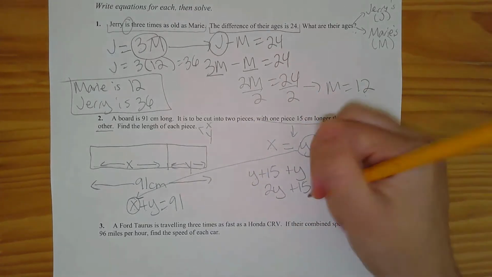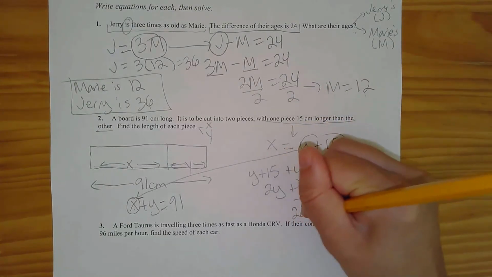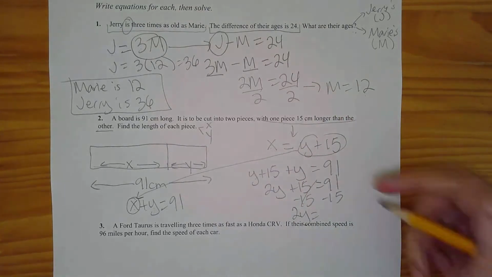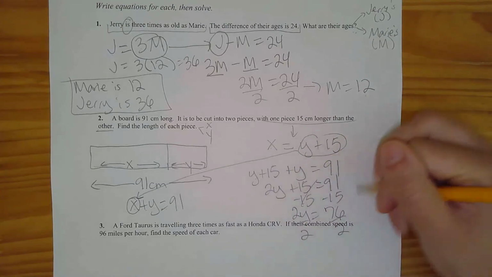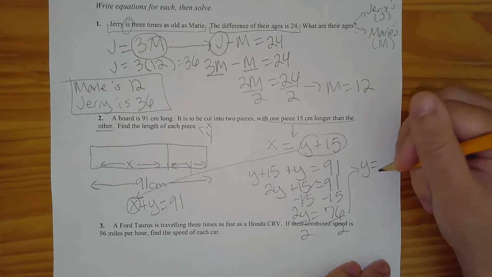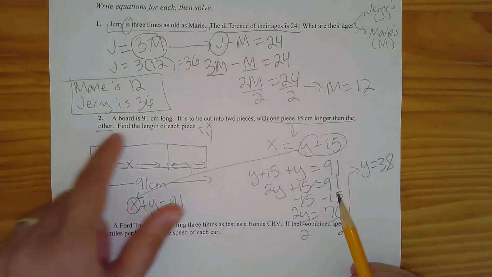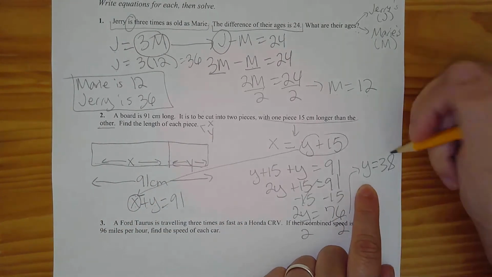To solve for Y, I'll subtract 15 from both sides. And 91 minus 15 is 76. Then I'll divide both sides by 2 to solve for Y. And I'm going to get Y equals 38. So find the length of each piece. Well, one piece is 38 centimeters long.